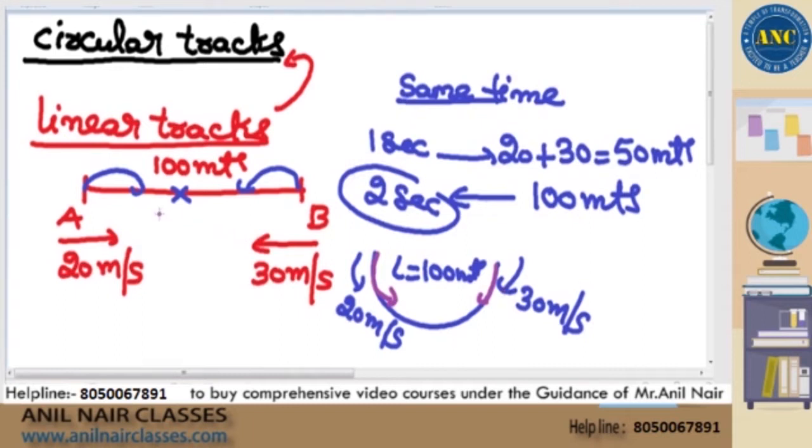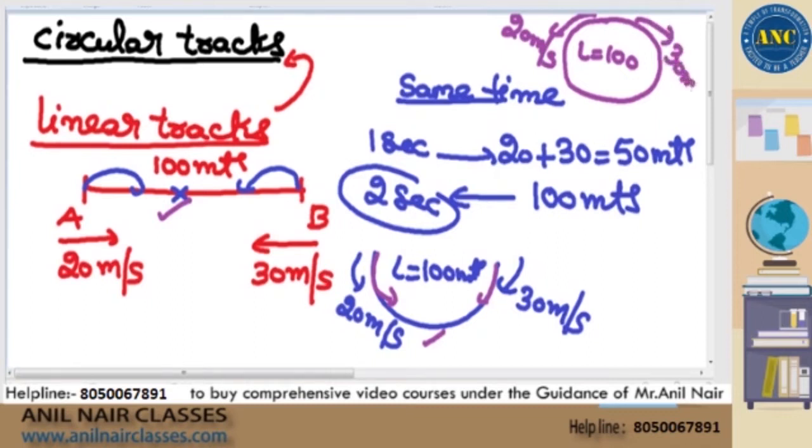So whether it is a straight line, a curved wire, or a circle, if the length is 100 meters, this side it is 20 meter per second, this side it is 30 meter per second, all are similar. They will cover the same distance. I hope it is clear, right? Linear track 100 meters, curved 100 meters, the total circumference of the circle is 100 meters. The concept remains the same.